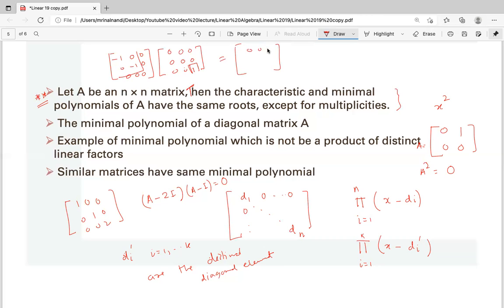And this is true not only for this example, this is actually true for any diagonal matrix where some diagonal entries are repeated. Whatever the repetition, that block will be 0. If we take A minus d_i I, this matrix is a diagonal matrix where the diagonal elements are 0 where d_i is there.